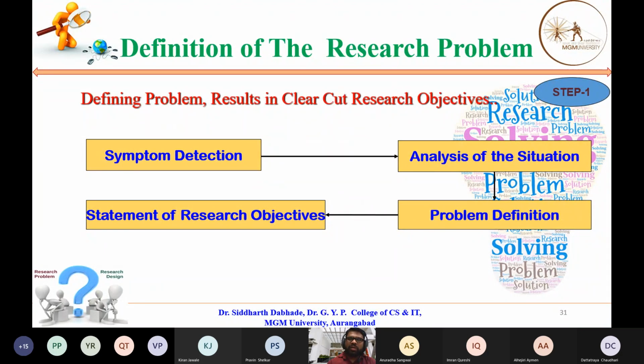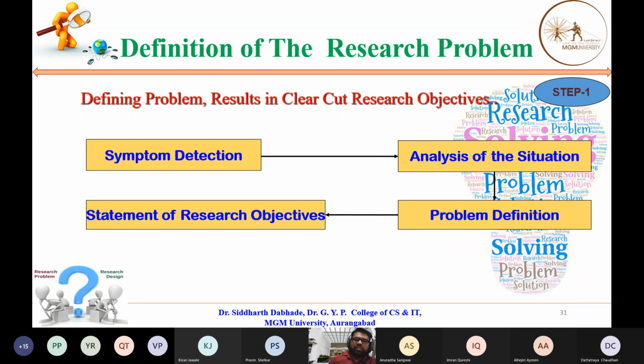Whether it is dengue or something else. If you have a very high temperature, you are vomiting, there is seizing, what kind of disease is it? On the basis of that, you need to analyze the proper situation, then decide the problem. The doctor will diagnose it and try to provide a solution to the given problem.